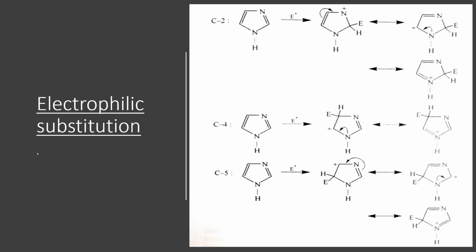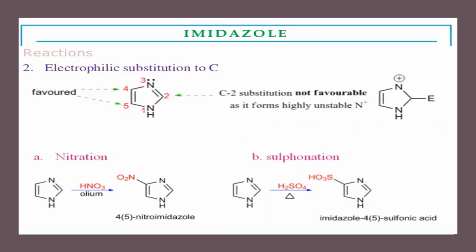Now electrophilic substitution reaction. In this particular reaction, which position is more favorable? Why is electrophilic substitution more favored at 4 and 5, not at 3?